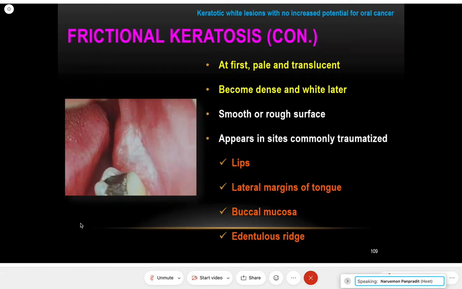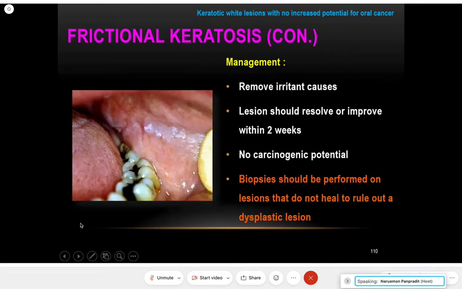And biopsy is also important at that time. So it's not difficult. Just find the possible cause of that area. If you eliminate the cause and it improves, maybe not completely within 2 weeks but gradually, that is okay. But if no improvement, you need to do a biopsy because it looks very similar to leukoplakia.